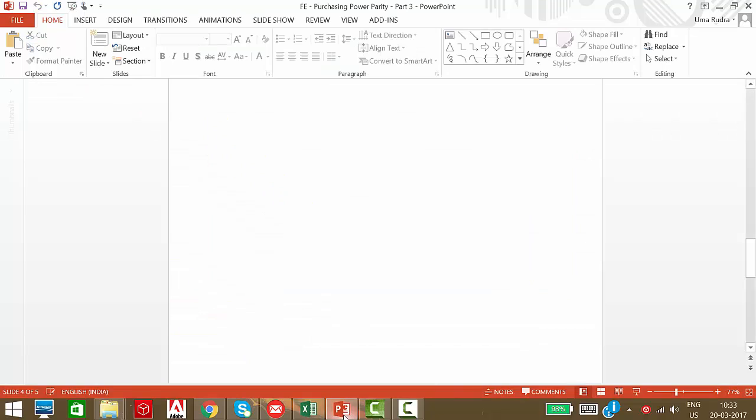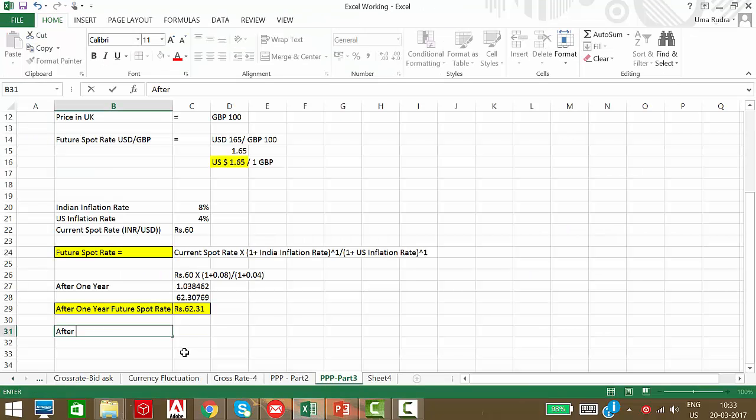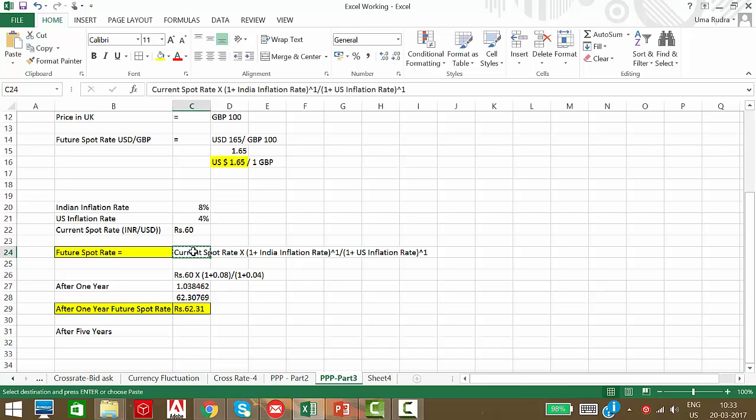Now, after 5 years, what will this be? In our example we have assumed that the inflation rate remains the same per annum for 5 consecutive years.